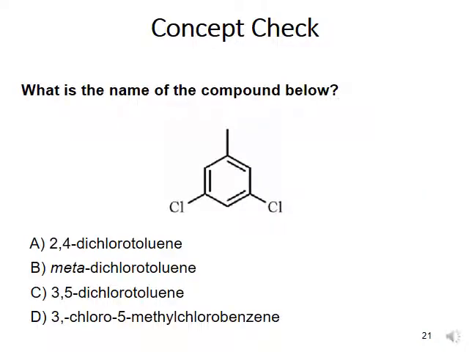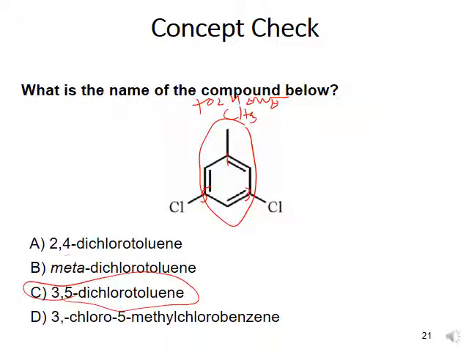So what do you think? What's the name of that one? Ooh, I see a common name, because that's a methyl group. That is toluene, right? So that means that's carbon number 1, 3, 4, 5. So I'm thinking 3,5 dichlorotoluene. Now, why wouldn't you use meta? Because we don't use meta for polysubstituted.